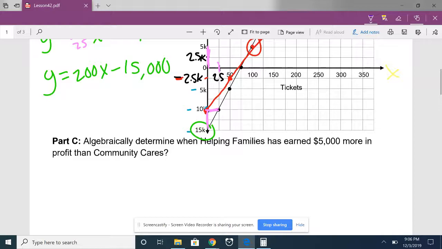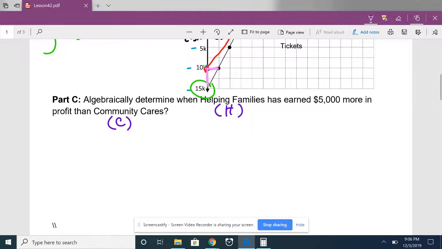I'm going to call helping families, in this case, H, and community cares, I'm going to call C. So when helping families has earned 5,000 more than community cares, my mini equation is going to be H equals 5,000 more than community cares, which is C.